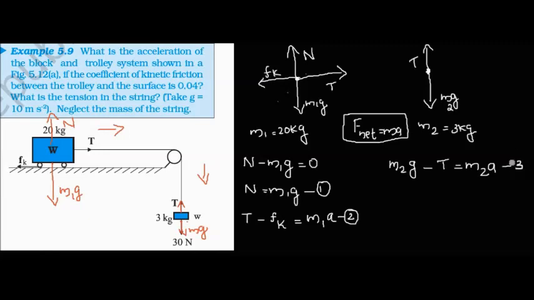Let this be equation number 3. The system is accelerating, look at this picture. The system is accelerating along this direction, so I have to take this m2g as greater. So m2g minus T is equal to m2a.